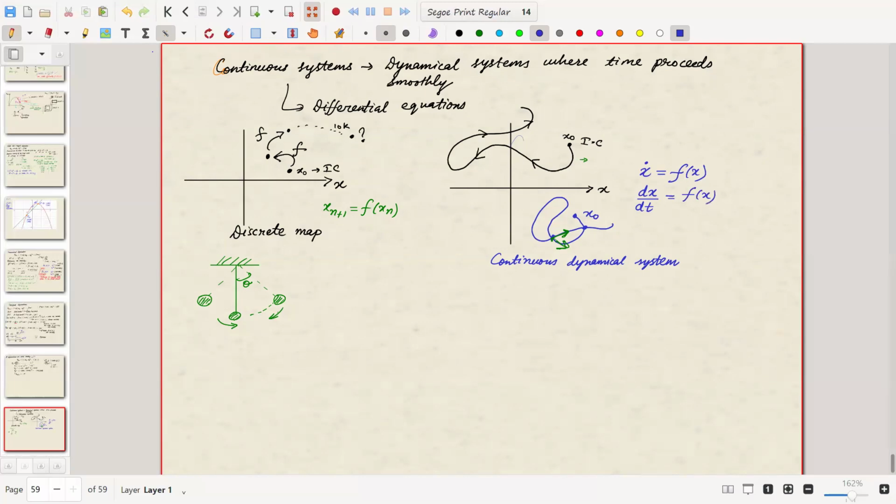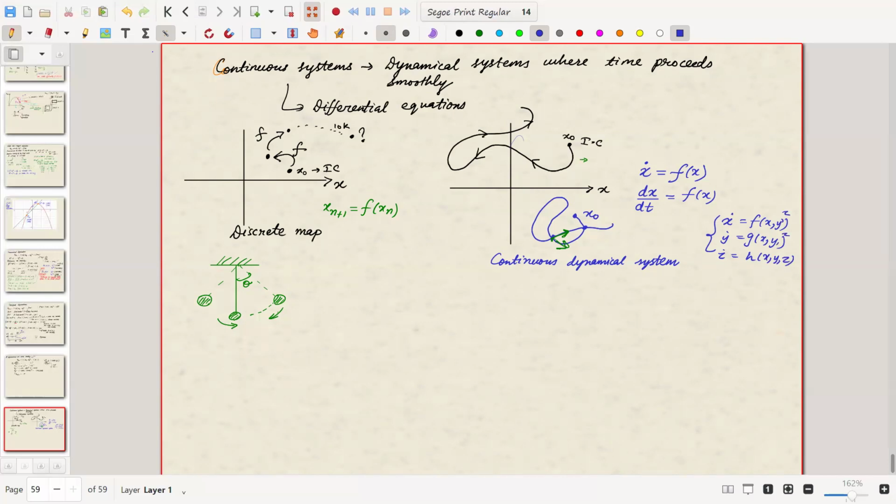This is just a one-dimensional continuous system, but just like maps, you can have 2D also. For 2D, you can have x dot equals f of x,y, and y dot is say g of x,y. And this is a two-dimensional system. You can also have a three-dimensional system, with z dot equals h of x,y,z.